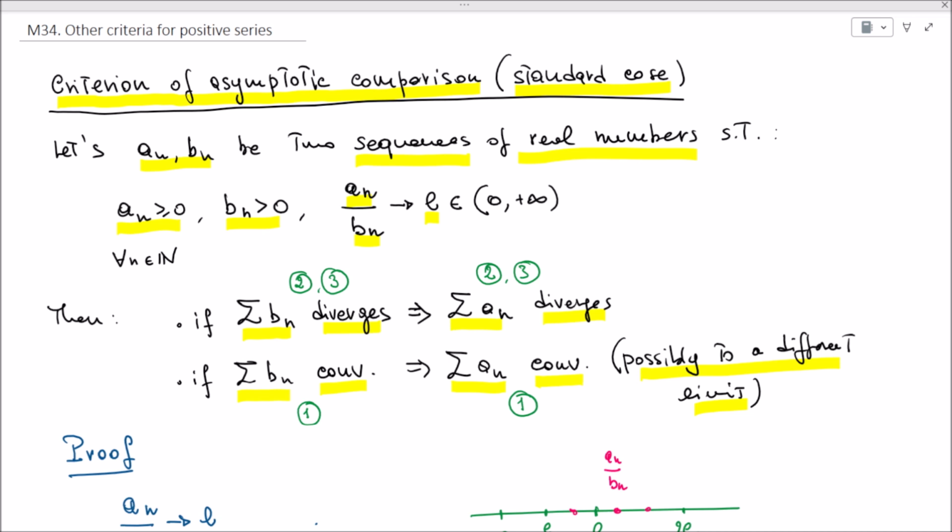So the idea behind this criterion is that suppose that we need to study the sum of An, and we are struggling to find out what is the behavior of the sum of An. If we find another series sum of Bn such that An over Bn will converge to a positive number, then we know that the behavior of the sum of An is exactly the same as the behavior of the sum of Bn.